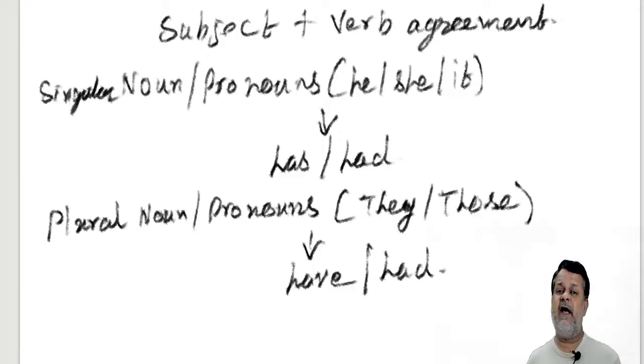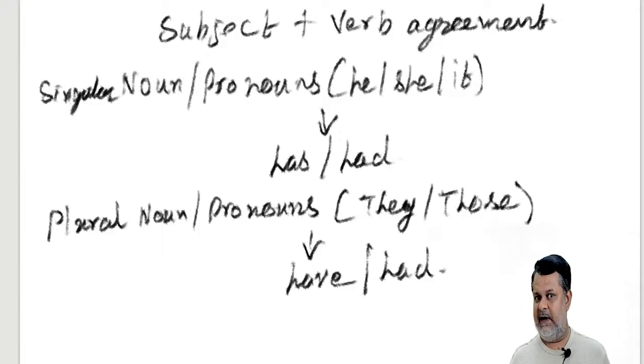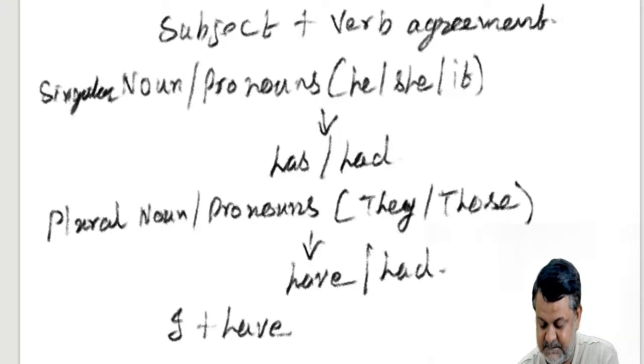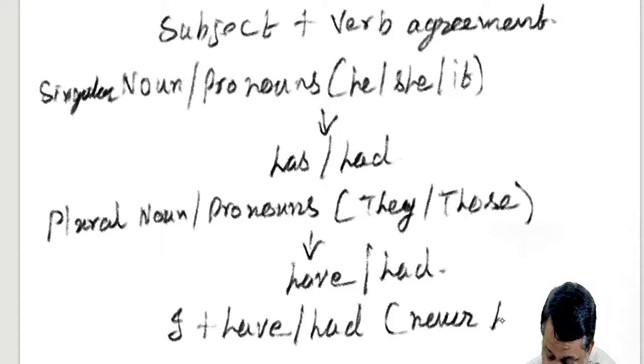Now, when you are using I, it is actually singular, but we will always use I with have. I plus have, have or had. Never has.